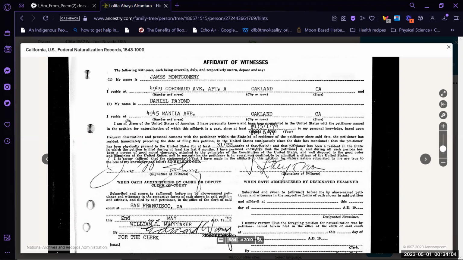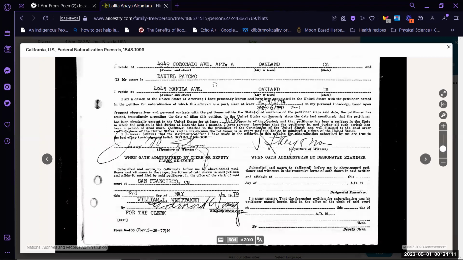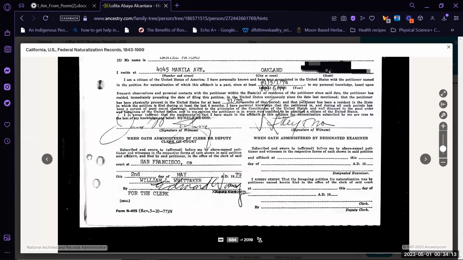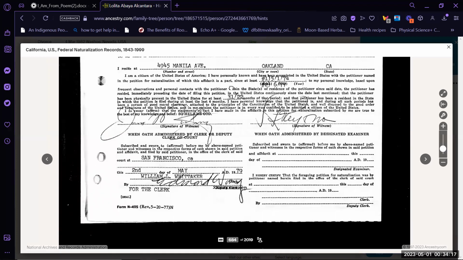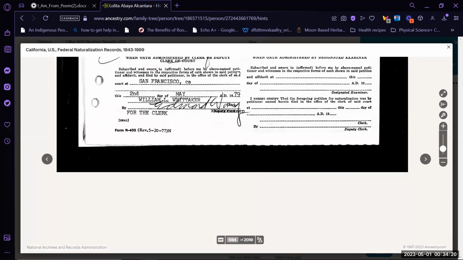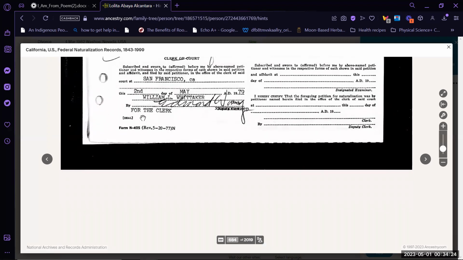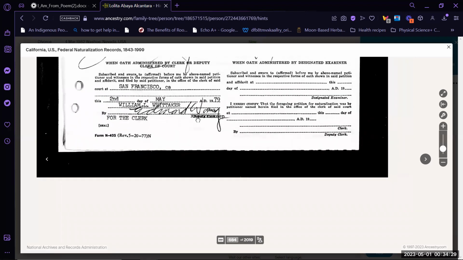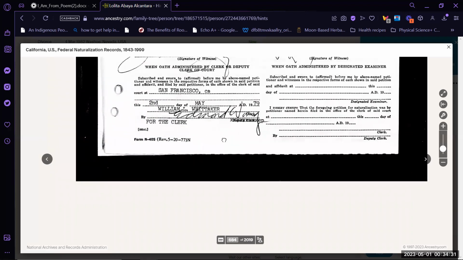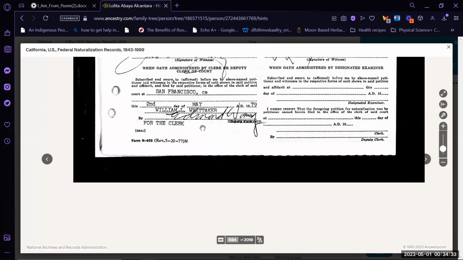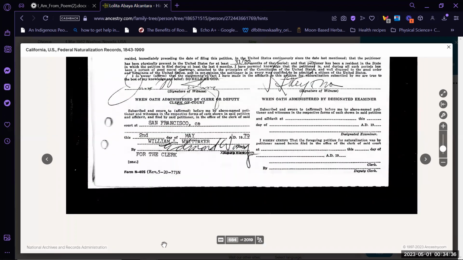They live on 4945 Millen Avenue, Oakland, California. I know these to be my cousins. I have to look more into that. And here are the two witnesses' signatures. Do not copy those, please. Don't do that. That's illegal. This shows what court they signed it at, and the clerk's signature, I believe.